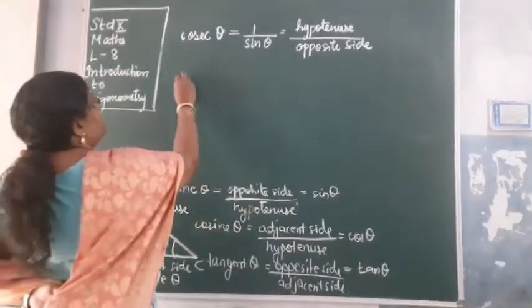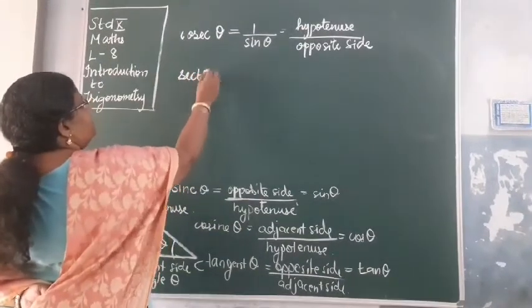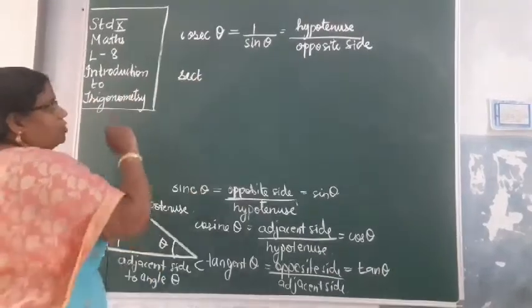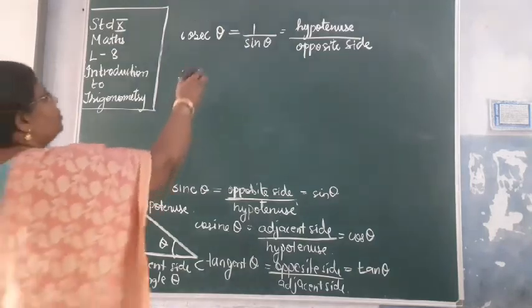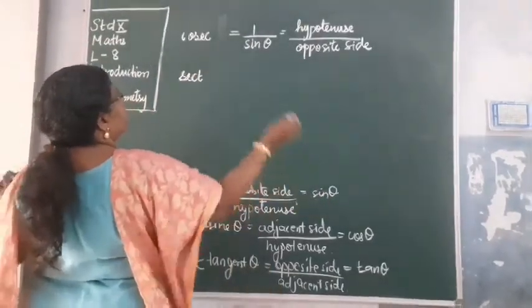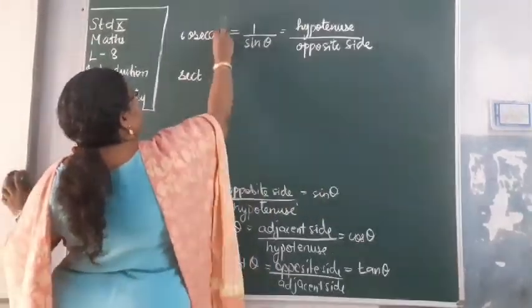Then you have sec theta. Actually ये इसका short form है. Cosec is the short form of cosecant. Okay, I write the full thing first. Cosecant theta.